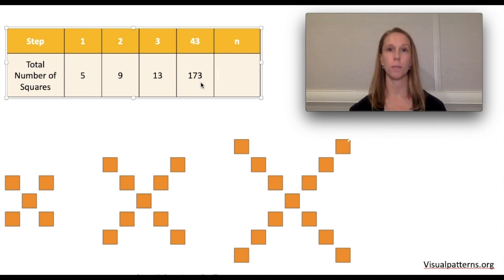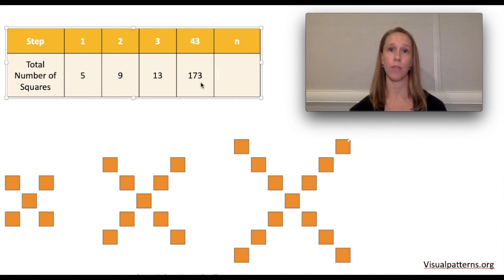If you're watching live and you're unable to pause, I'm going to go over how I figured this one out, and then I'm going to give you another one at the end of the video that you can do on your own. All of these patterns come from a website called visualpatterns.org, and there are lots of them to do if you enjoy this kind of thing and want to do some more.